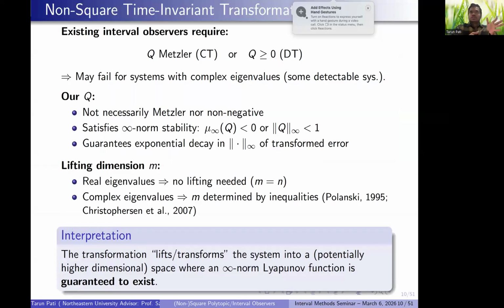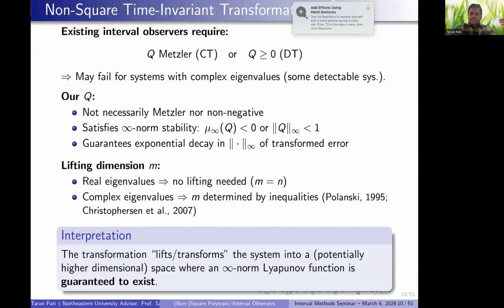But from our construction, we don't need to impose Metzlerization or non-negativity of Q. Furthermore, either its log norm or its induced infinity norm is contractive. That means the transformed error decays exponentially.